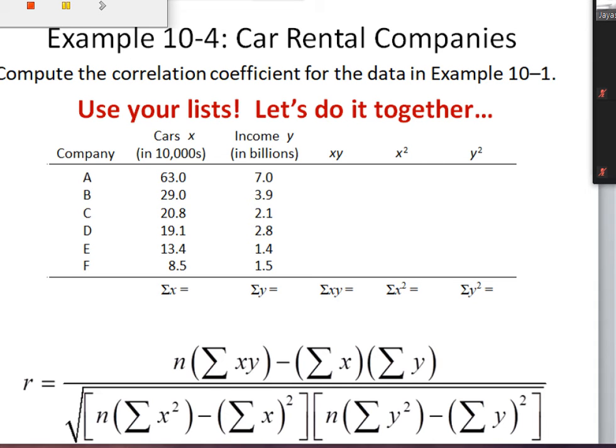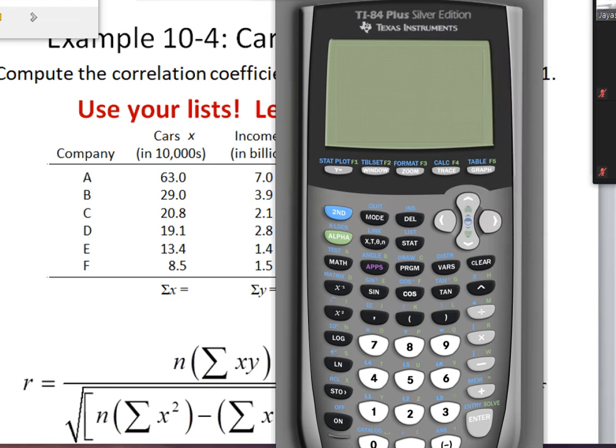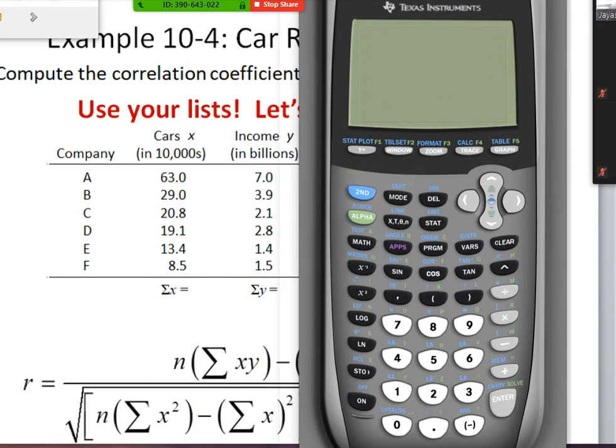Okay, so everyone has their calculator out.